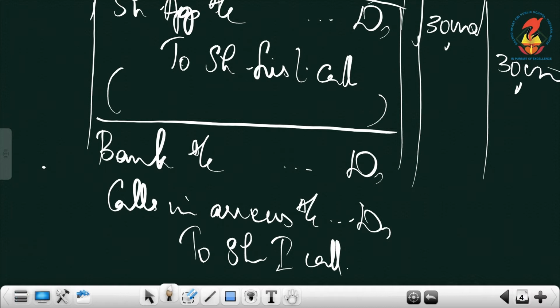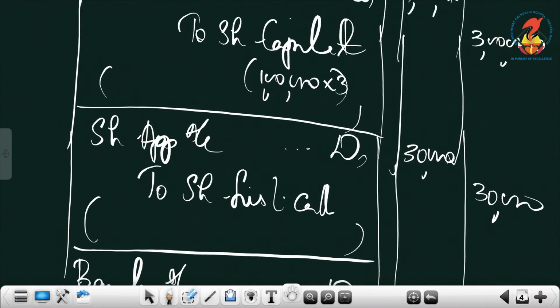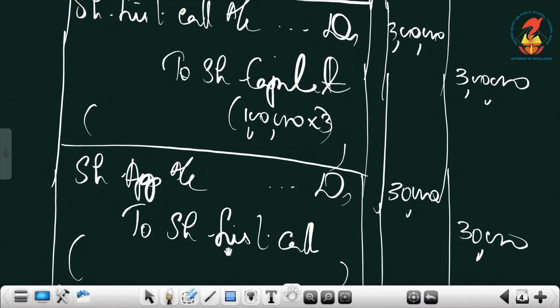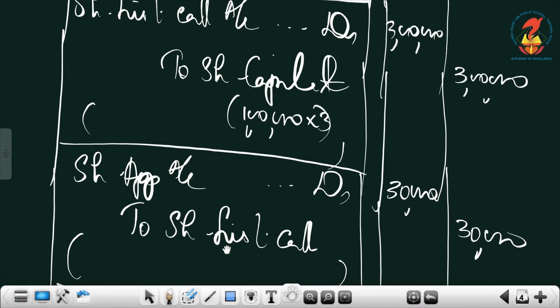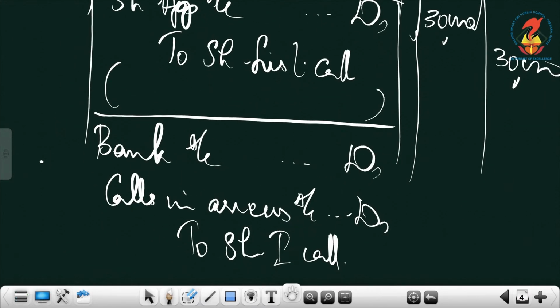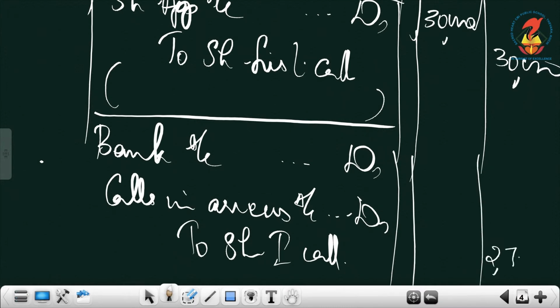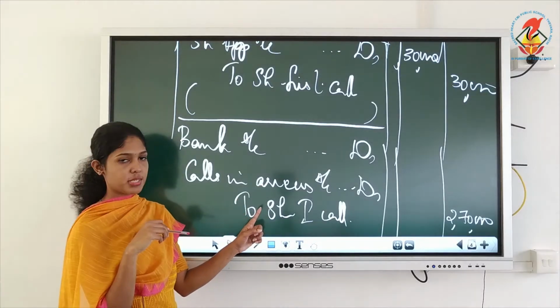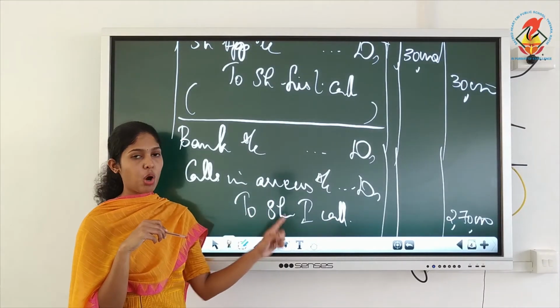Yes, so what is the share first call amount? In the previous journal entry it is 3 lakhs, then you have credited it with 30,000, so less that 30. Now again for share first call, you need to write only 3 lakh minus 30, 2 lakh 70.